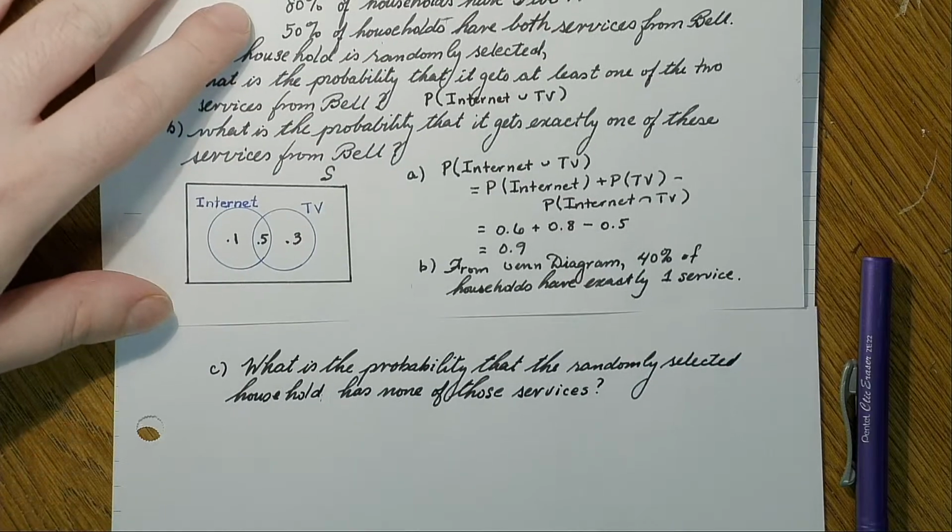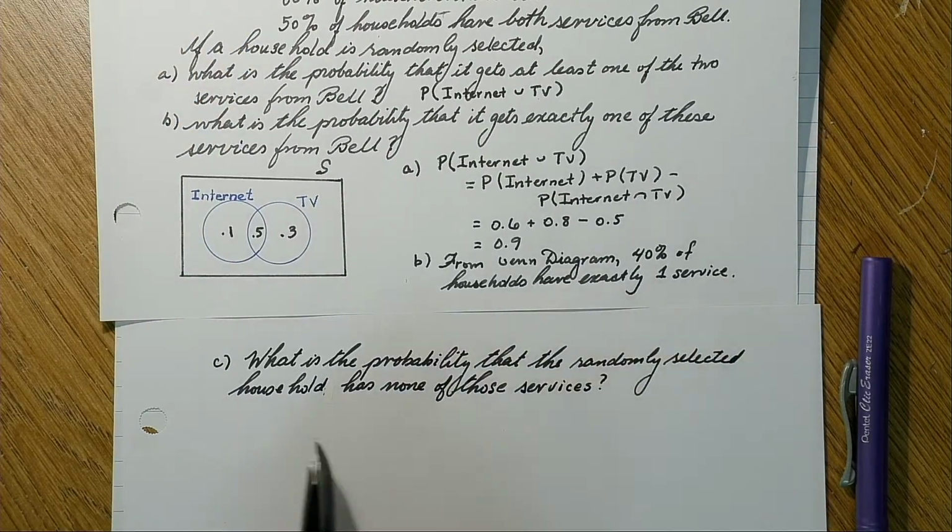So what is the probability that the randomly selected household has none of those services? What do you think in the chat?